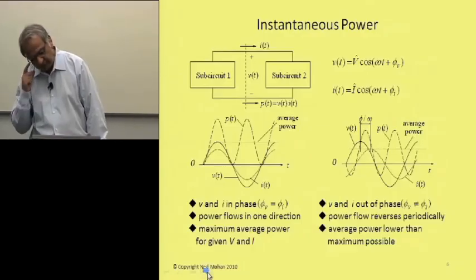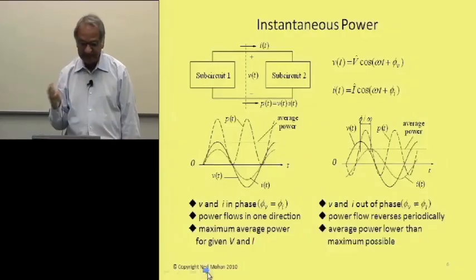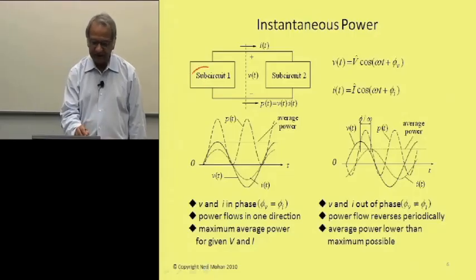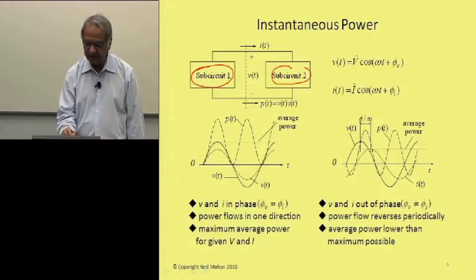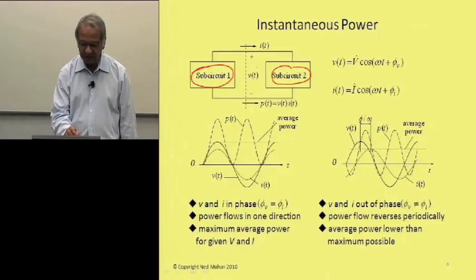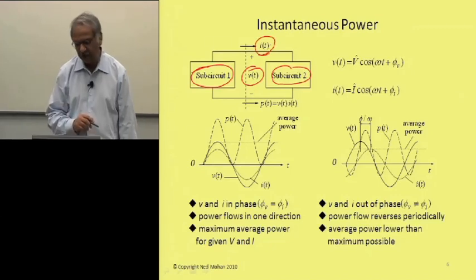So the next thing we will look at is the instantaneous power flow in an AC circuit. Let's say that you have two subcircuits, 1 and 2, connected to each other. Let's define the voltage across them with these polarities, and the current with this direction as shown over here.